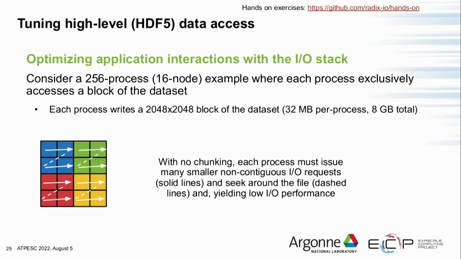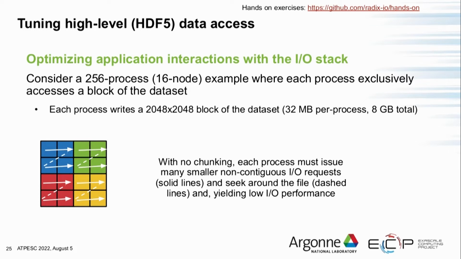This picture demonstrates this in the bottom left. With no chunking and using this block-based decomposition, just focusing on the blue process, you can see that the solid line is a contiguous I/O access, so it's able to read one contiguous chunk that's pretty small, and then it has to seek, which is the dashed line there, to the next part, and then read that small chunk.